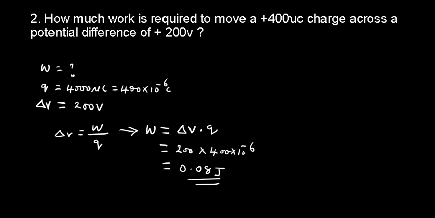Let's go ahead with example number 3. Find the electric potential at the center of the square below. So let's have this square.